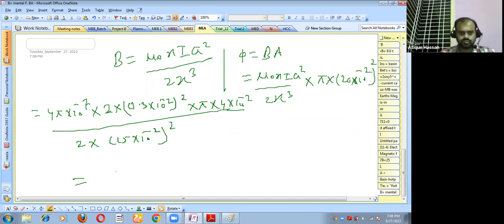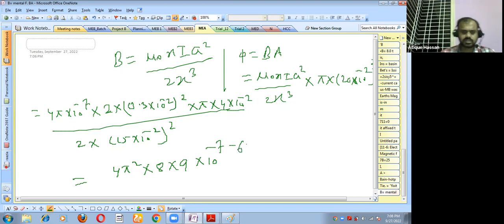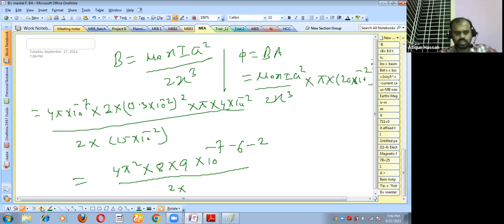So it will be 4 pi square into 8 into 9 into 10 to the power minus 7 minus 6 minus 2, that is 4 into 8 into 9 pi square, divided by 2 into 15 into 15 into 15 into 10 to the power minus 6.